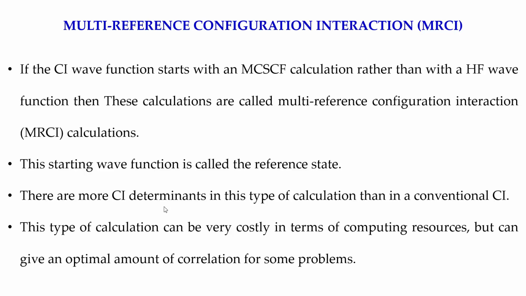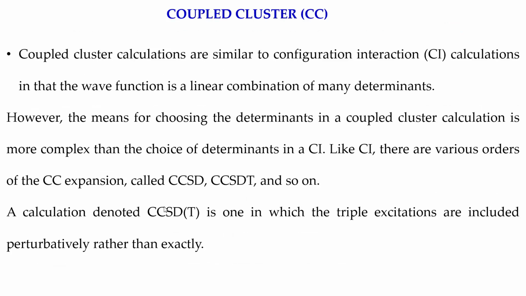Next one is the coupled cluster, which is the most powerful method in quantum chemistry. You can say it is one of the gold standard methods. Coupled cluster calculations are also similar to configuration interaction calculations, in that the wave function is a linear combination of many determinants.